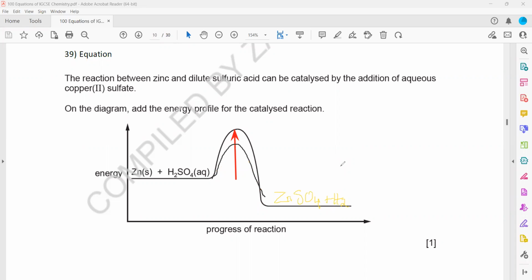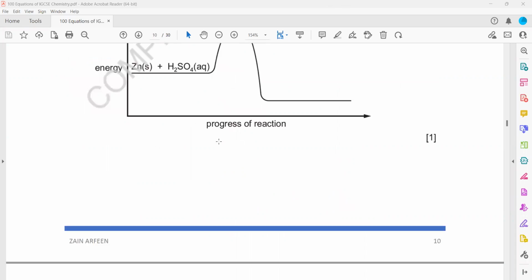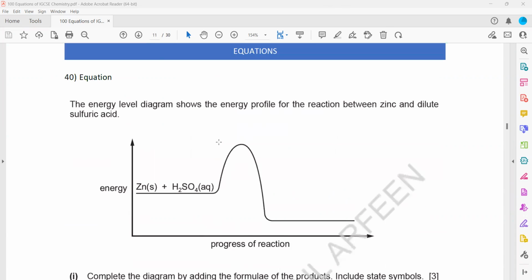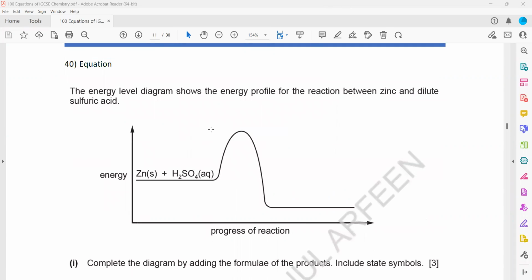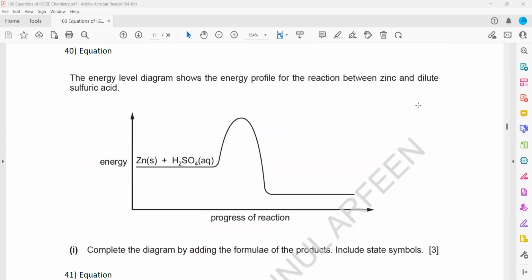And the product, because zinc plus sulfuric acid gives zinc sulfate plus hydrogen. The energy level diagram shows the energy profile of the reaction between zinc and sulfuric acid. Complete the diagram by adding the formula of the product. Include state symbols as well. So what is the product?